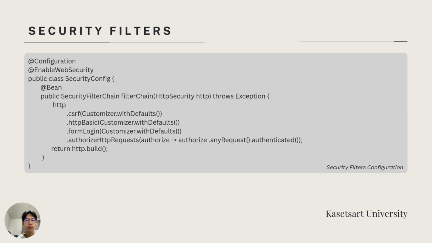In this code, the first is the CSRF filter, and then we have httpBasic, which is the username password authentication filter. Then we use formLogin for the form with the username and password fields. And the last one is the authorization filter.